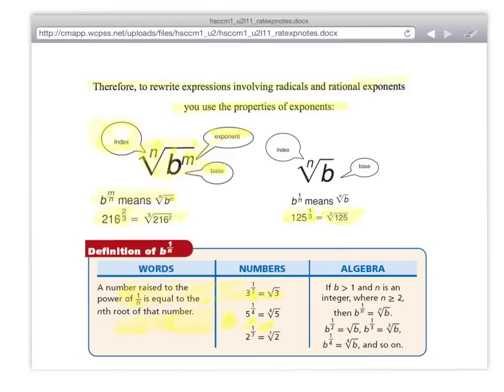The numbers to explain this definition here. 3 raised to the 1/2 power is the square root of 3. 5 raised to the power of 1/4 equals the 4th root of 5. 2 raised to the power of 1 over 7 is equal to the 7th root of 2.